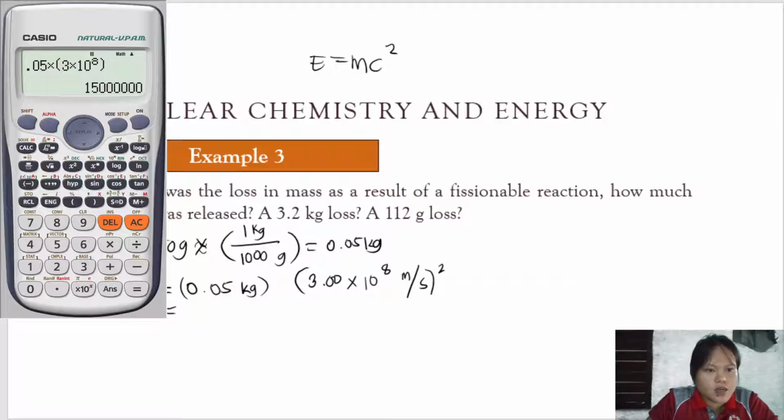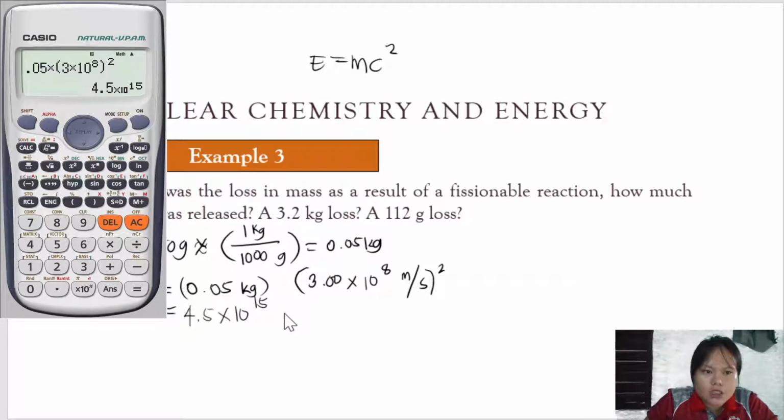Okay, so if I'm not mistaken, oops, I think I have done something wrong kasi, ano ba? Raised to 8. Raised to 8 din naman si, okay. Kulang tayo sa squared. Okay, so that's 4.5 times 10 raised to 15.